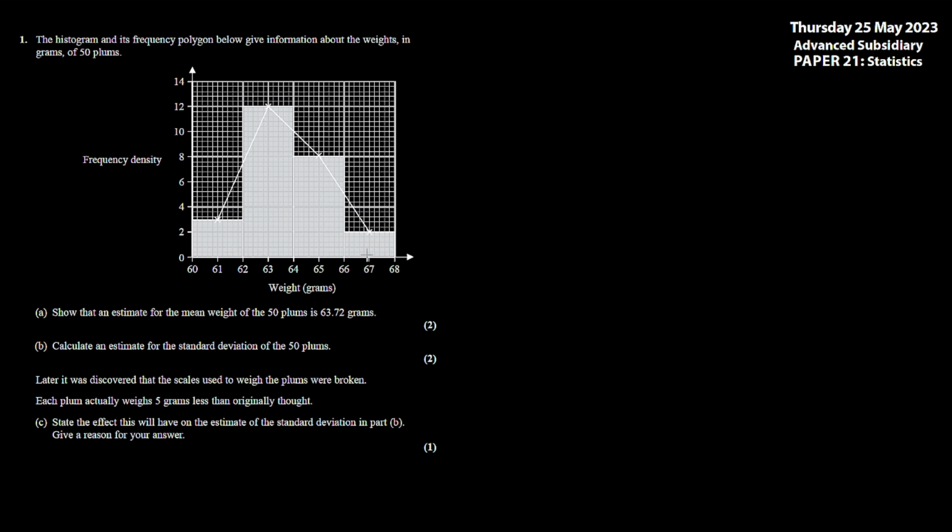So how many are there in each of these groups? Well, we're going to have to work backwards, really, from frequency density. Frequency density is defined as the frequency, in other words, the number of occurrences, divided by the width of the class. So to get back to frequency, we multiply the frequency density value by the class width.